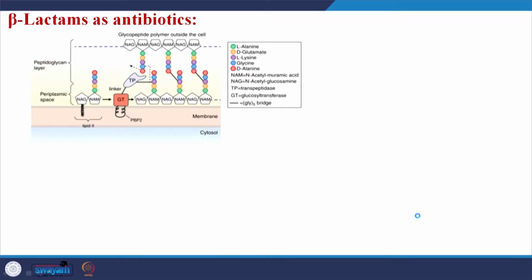And when I am talking about these peptidoglycans, I would not leave the opportunity to introduce the mechanism of beta lactams. Beta lactams, if you do not know, are the most prescribed antibiotics.